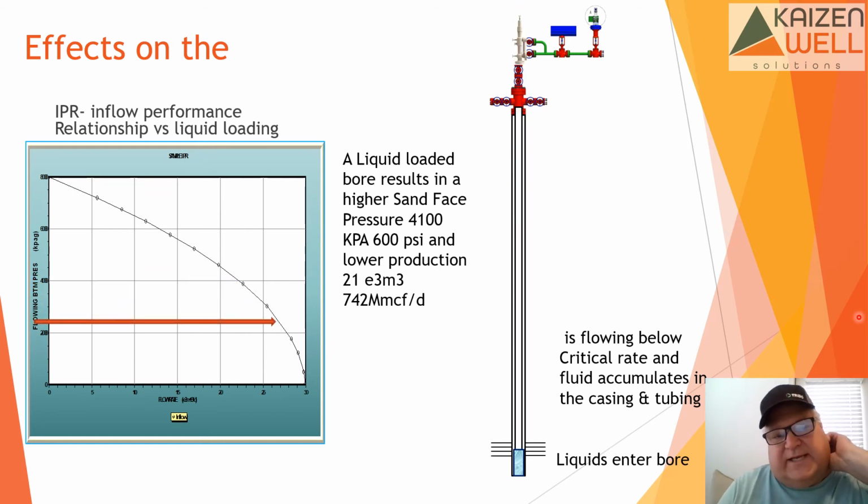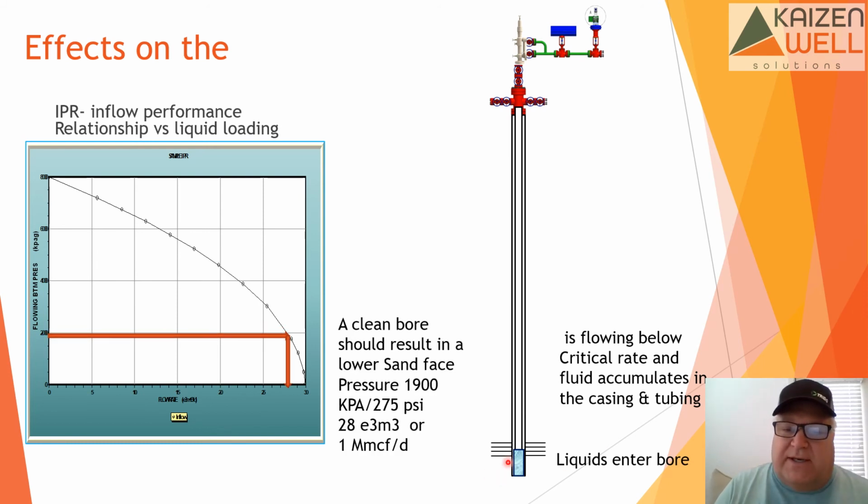It allows the pressure on the tubing to decrease. Pressure starts to drop, gets down to 2,000 kPa in this case, and we run it across and intersect this curve, and we went from 20 E3 to 28 E3, or about 250 MCF a day increase by removing fluid in this example of the well.